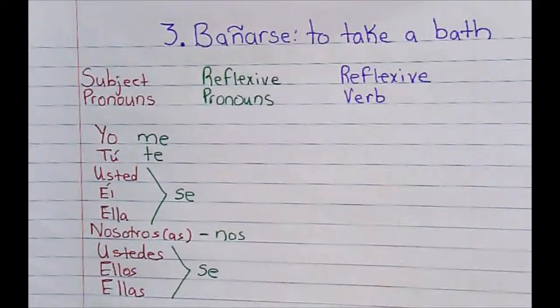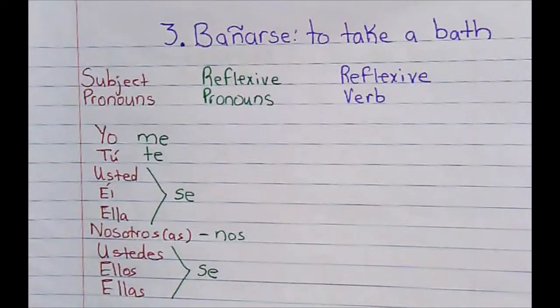When you guys conjugate any reflexive verb, you must have a reflexive pronoun, okay? Remember when we were doing the ing form and you had to use that estar verb before you conjugate it? It works the same way. You must have two parts to conjugate this verb, okay?